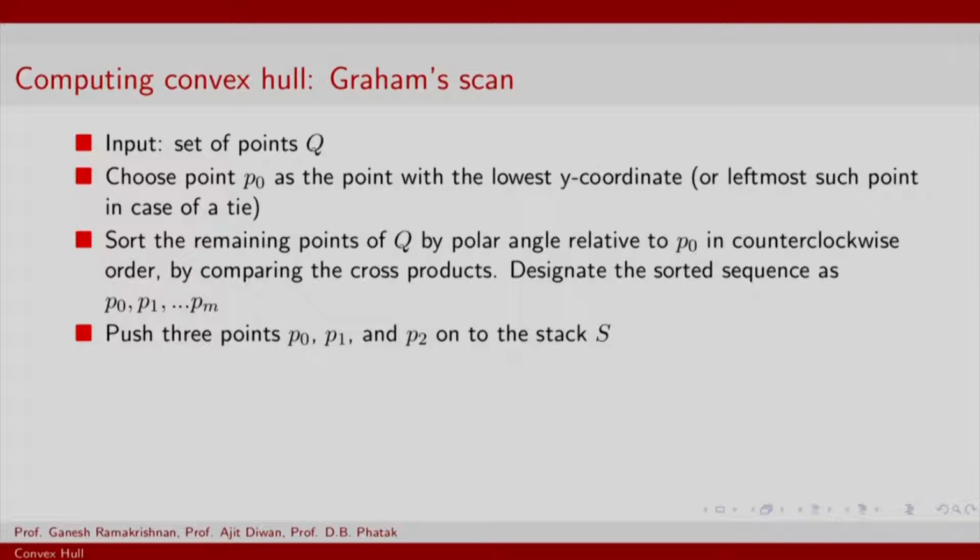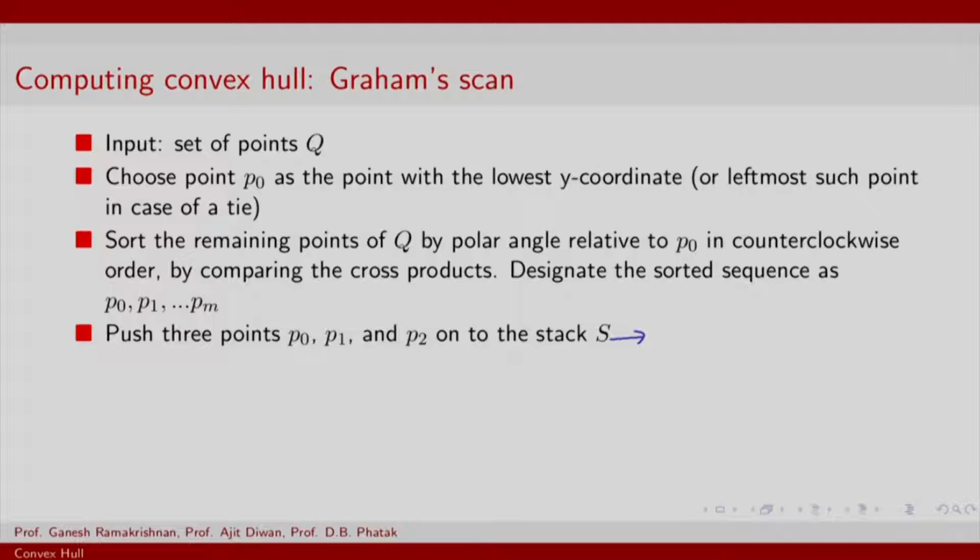So the way we keep track of the last 3 points, or the 3 points on which we need to make comparisons, is through the stack. So we will at any point of time maintain in the stack points which we think could belong to the convex hull.